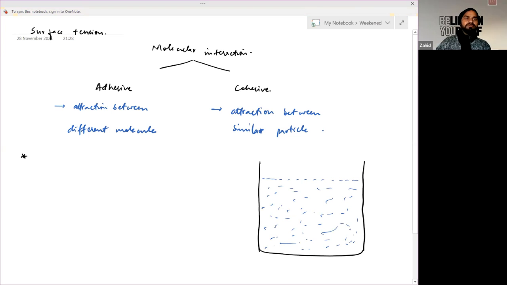Suppose there is a container filled with any liquid.